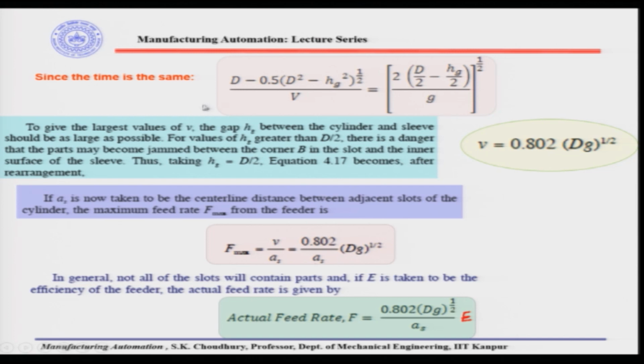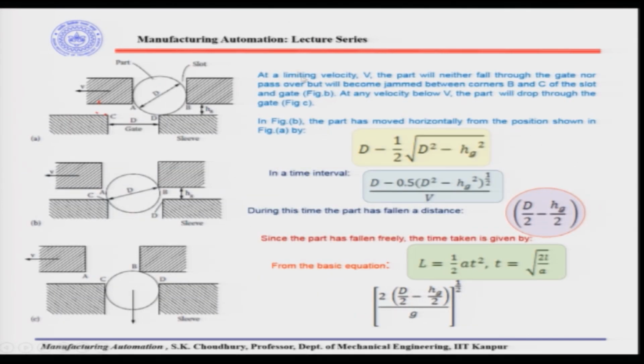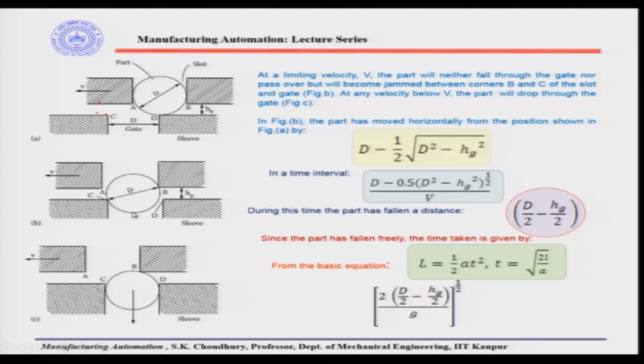The critical velocity can be found from the distance travelled, that is, while moving from this position to this position, the part moves horizontally a certain distance, and at the same time the part is moving vertically, that means falling down.